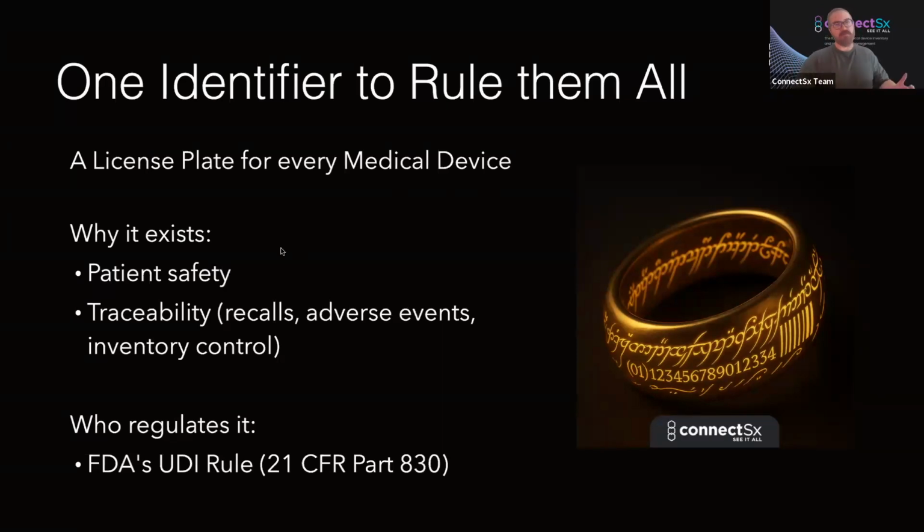So patient safety is the bottom line. And then I already made mention of it, but traceability. If you just have all of your inventory out in the field, there's a wide range of inventory management capabilities within the industry, even after UDI. So without some identifier, how are you going to be able to track down the devices if you need to?